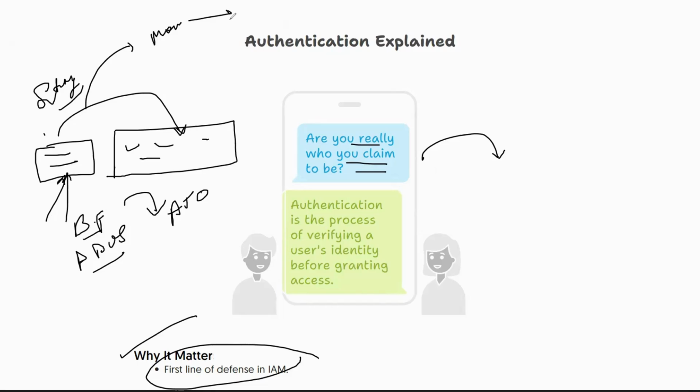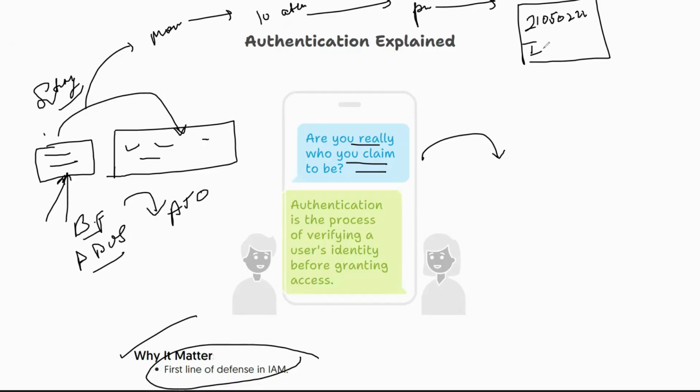If you have the right monitoring in place, let's say after every 10 attempts of invalid username and password, my monitoring system prompts me that there is an alert for a certain user ID. And the alert is invalid username and password. This is another type of monitoring you can keep in place to improve your authentication system. But this is the first line of defense.